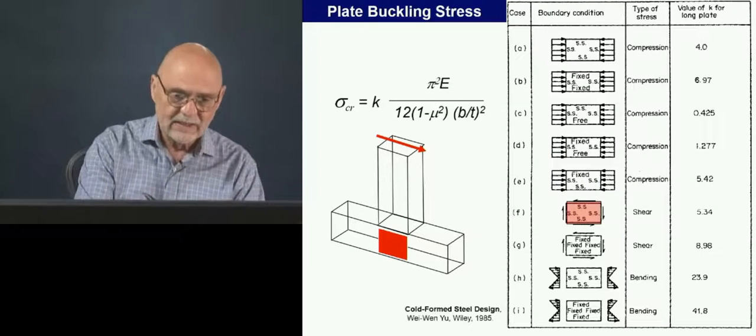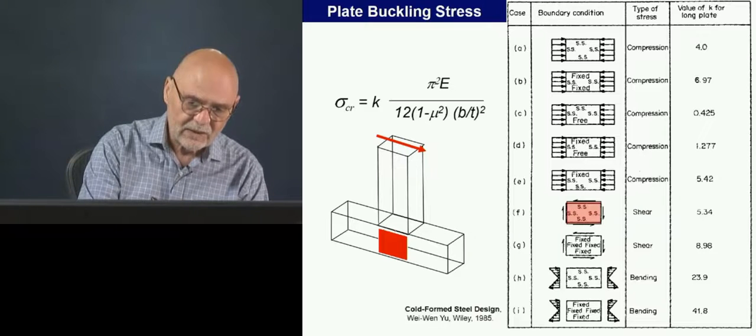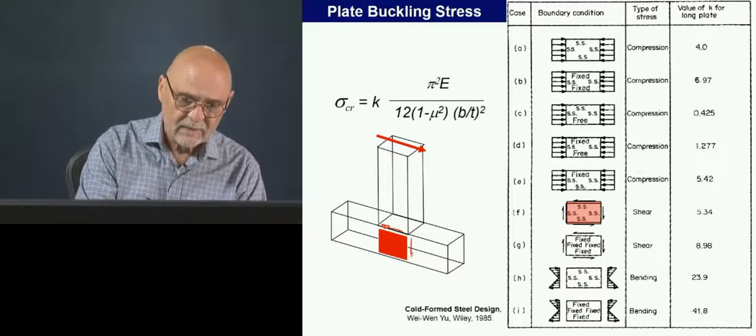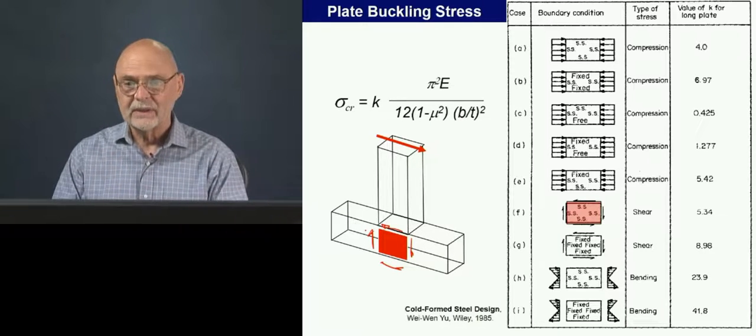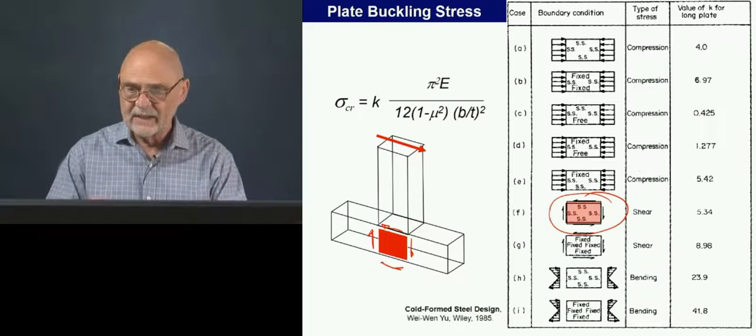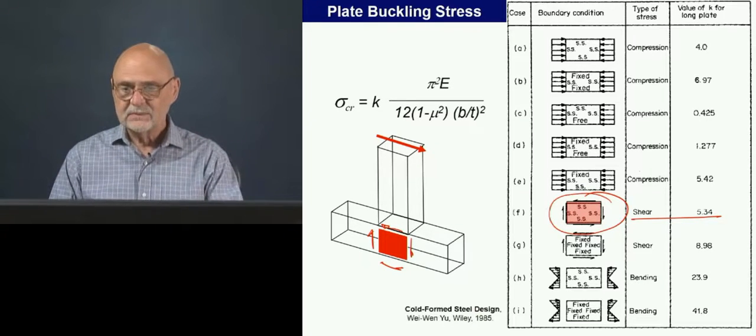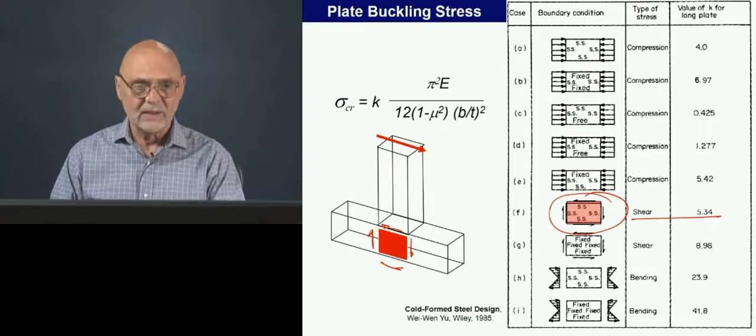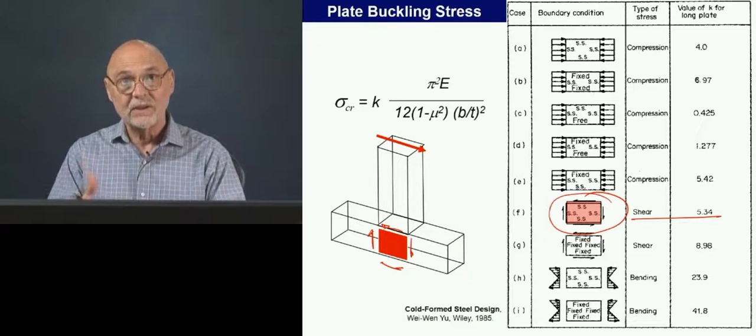Well, one thing is that this member here, being loaded like this, is loaded in shear. We know from our plate buckling equations that we have a case of shear buckling, and that's what we saw in the video. So how can we improve that?